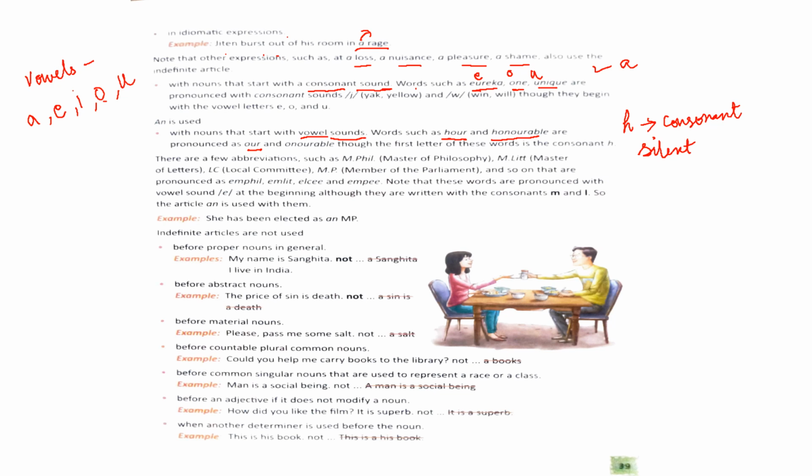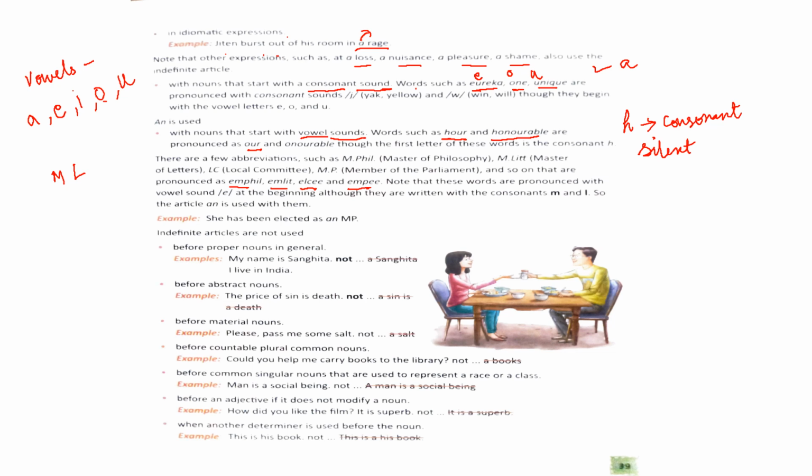They start with the letters M and L, which are consonants, right? But when we pronounce these words, we pronounce them as MPhil, MLit, LC and MP.